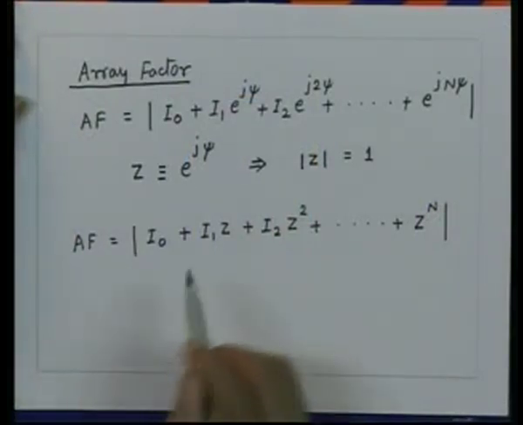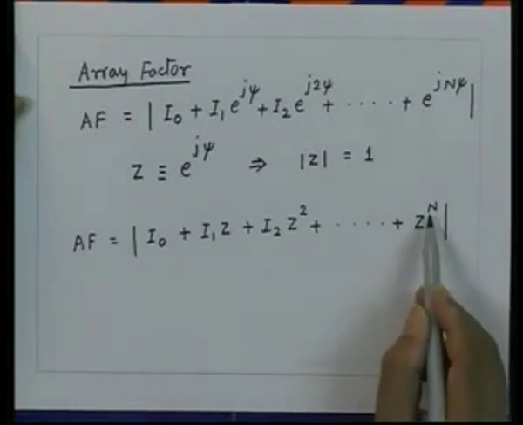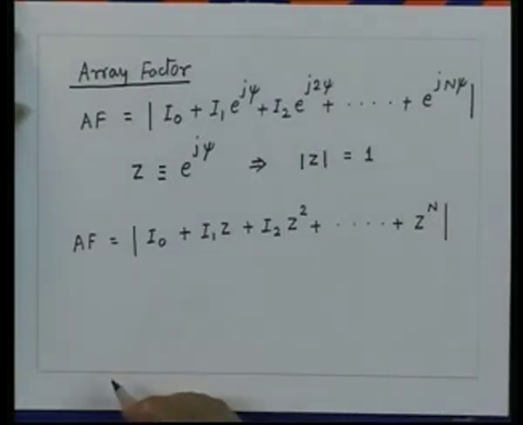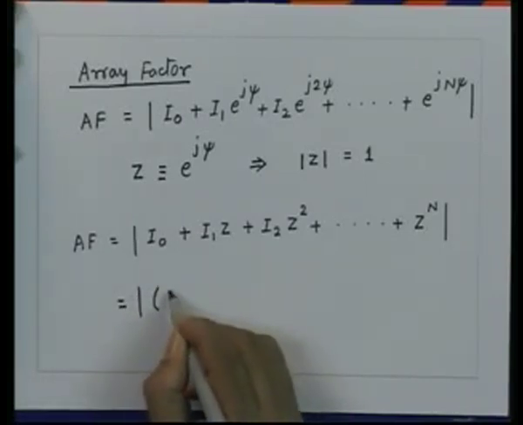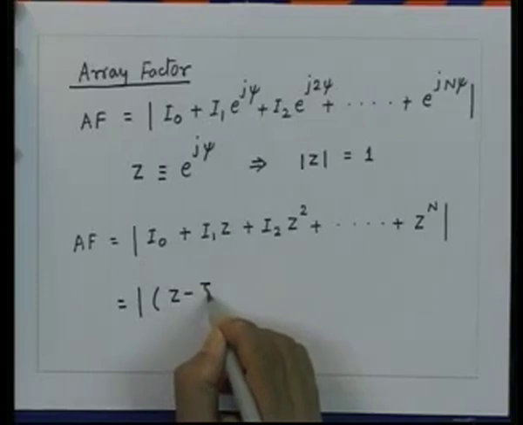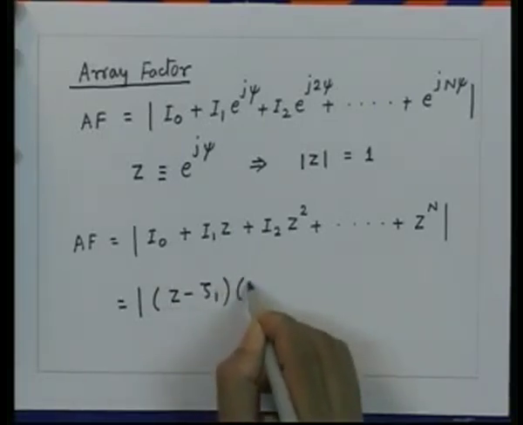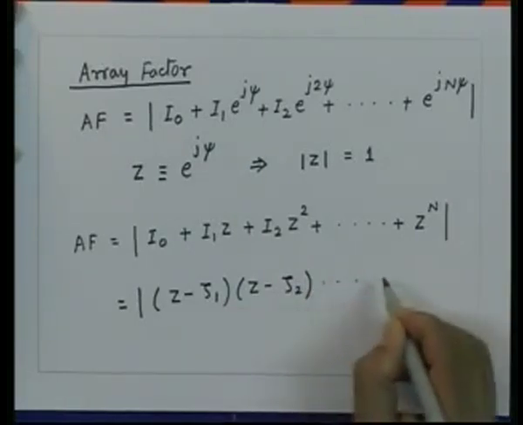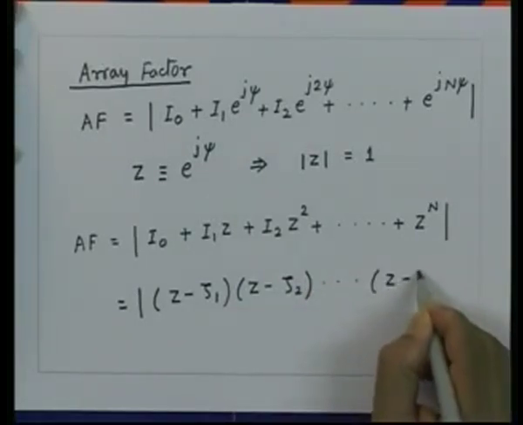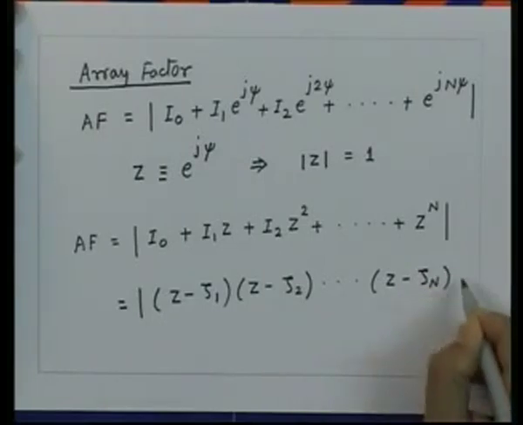Now, as we know, a polynomial of nth degree has n roots in the complex plane. So, essentially this polynomial will have n roots in the complex plane. So, this can be written as z minus zeta 1, z minus zeta 2 and so on, z minus zeta n.